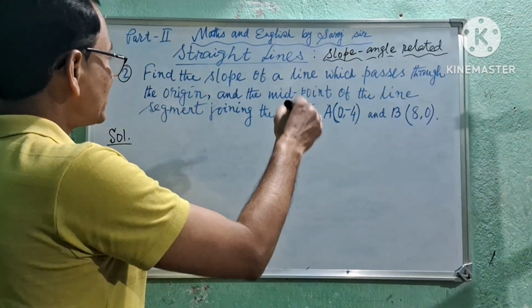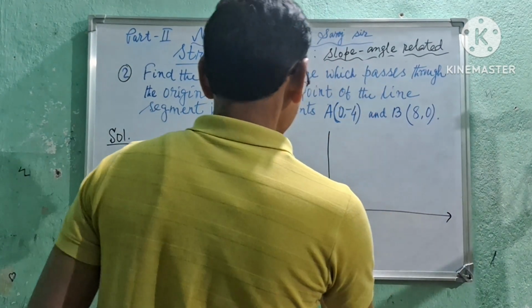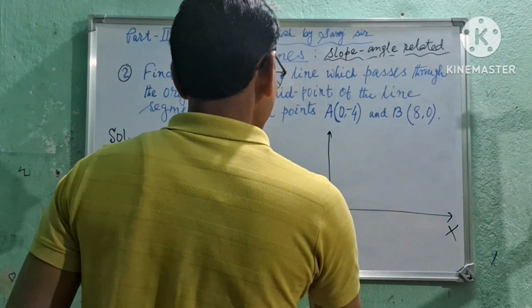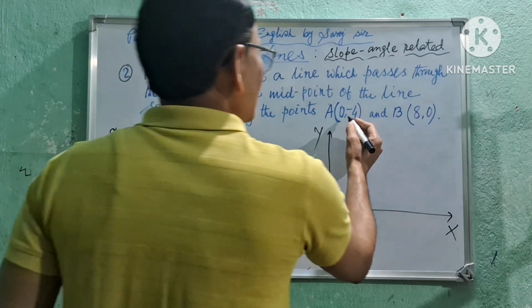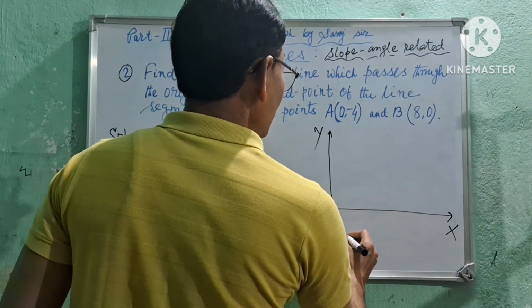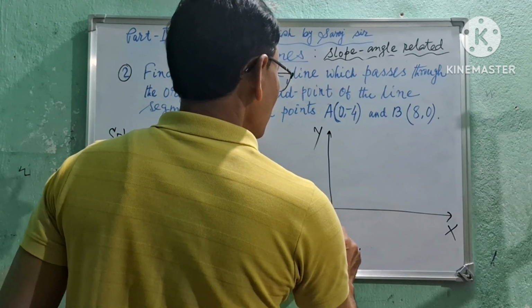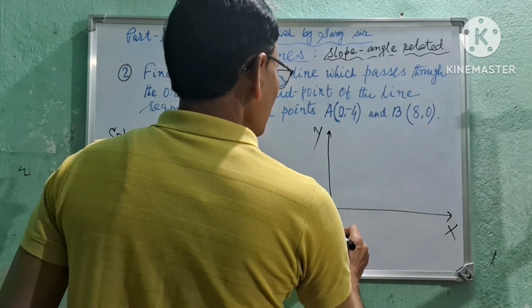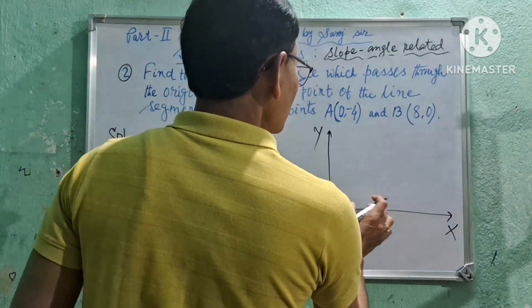Just for clarification, let's draw the figure. A is 0 minus 4, point B is 8 0.